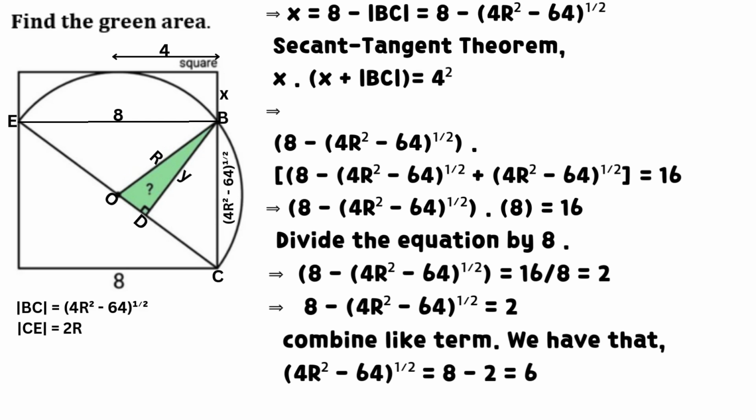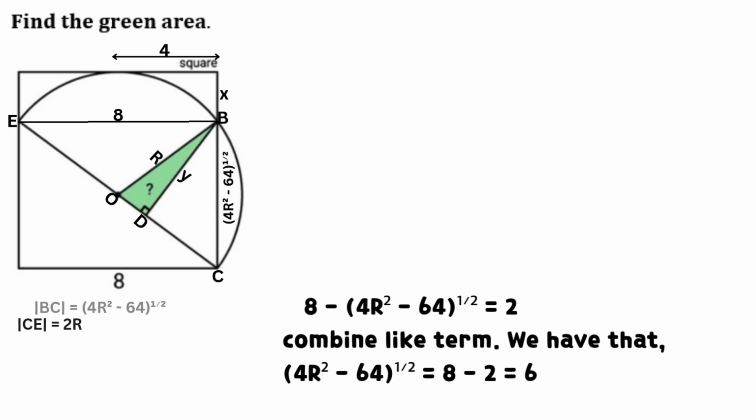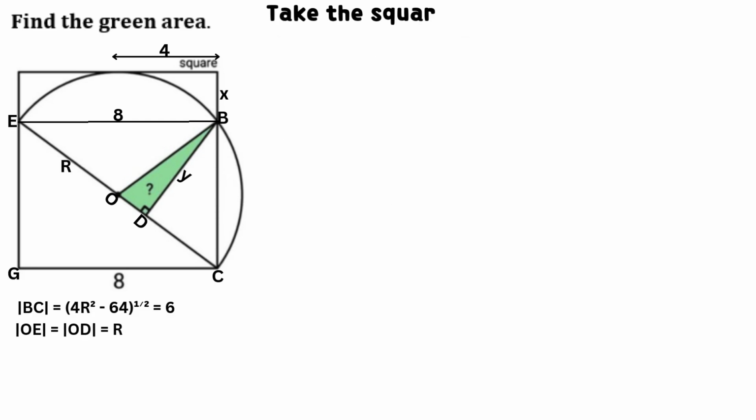Combine like terms. We have that the square root of 4 times the square of R minus 64 equals 8 minus 2, which equals 6. Take the square of the equation.